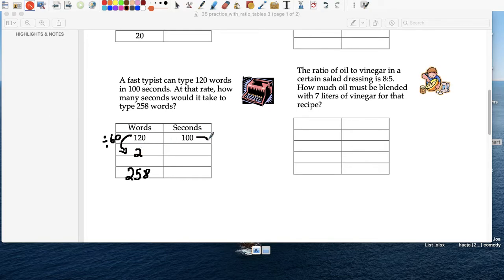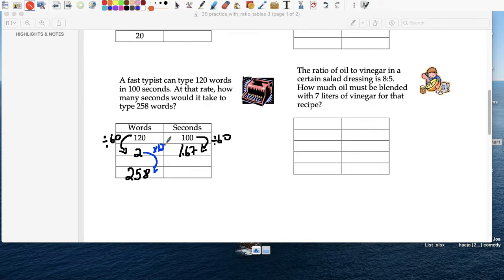The ugly part is here. 100 divided by 60 is, I'm going to have to use decimals. It's going to be 1.66, and we're going to use 1.67. Okay. Now, can I go from 2 to 258? I can. 2 multiplicado, 258 divided by 2 is times 129.